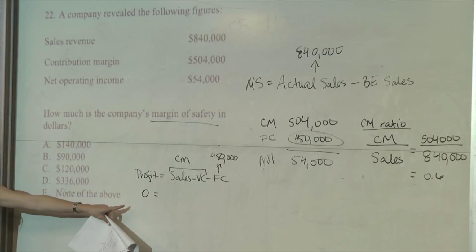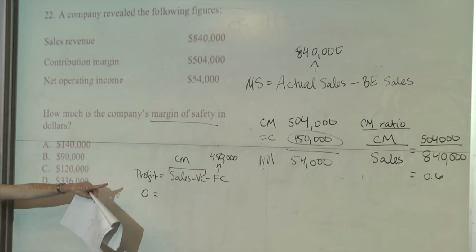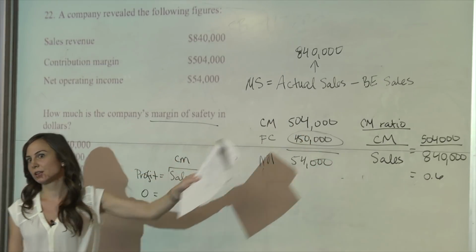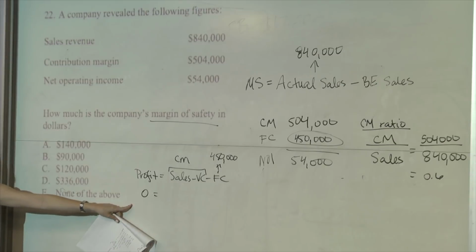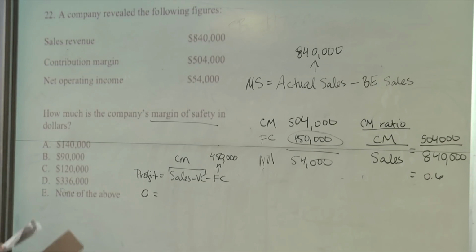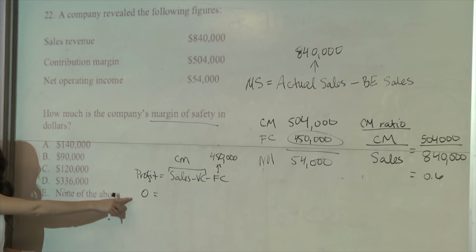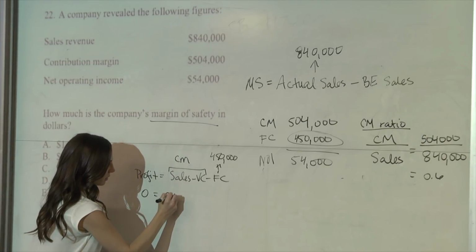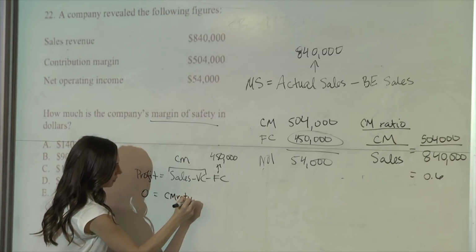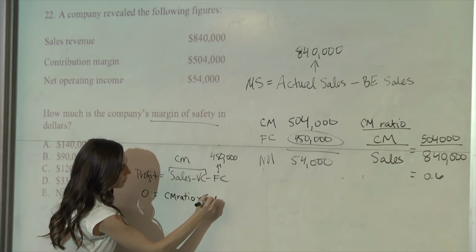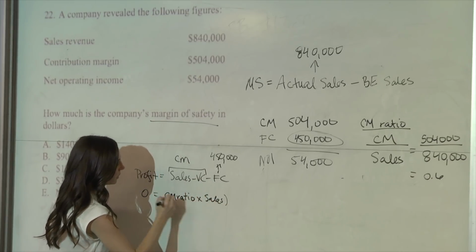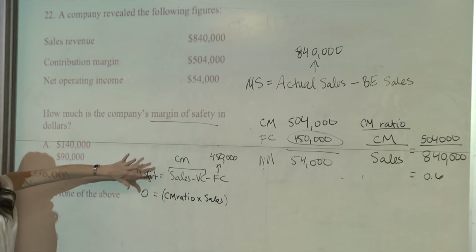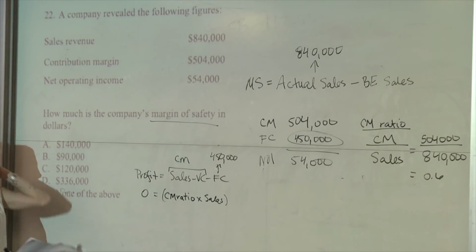And of course, let's not lose sight, we're trying to find the break-even sales, which means that the profit is going to be 0. So we replace profit here with 0, and then we want to use the information we have to manipulate this in a way that will give us what we want.